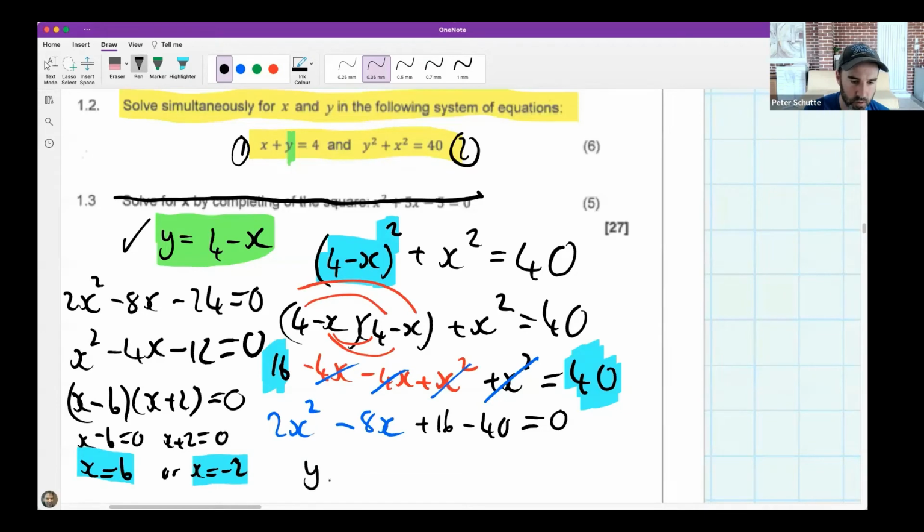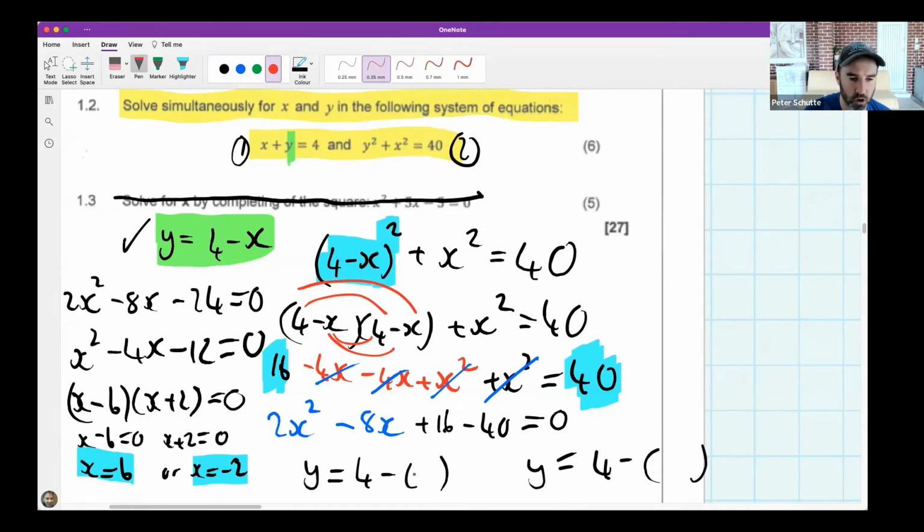So does it matter if I used x equals 4 minus y instead of y equals 4 minus x? No, it doesn't matter, as long as you get the same answers as me. Let's just check we get the same answers. I've said y is equal to 4 minus x. So I have 2 possible values for my x.